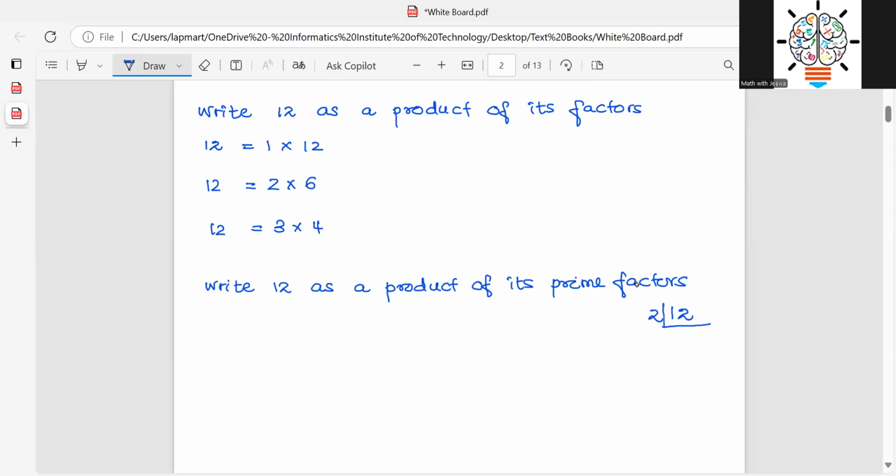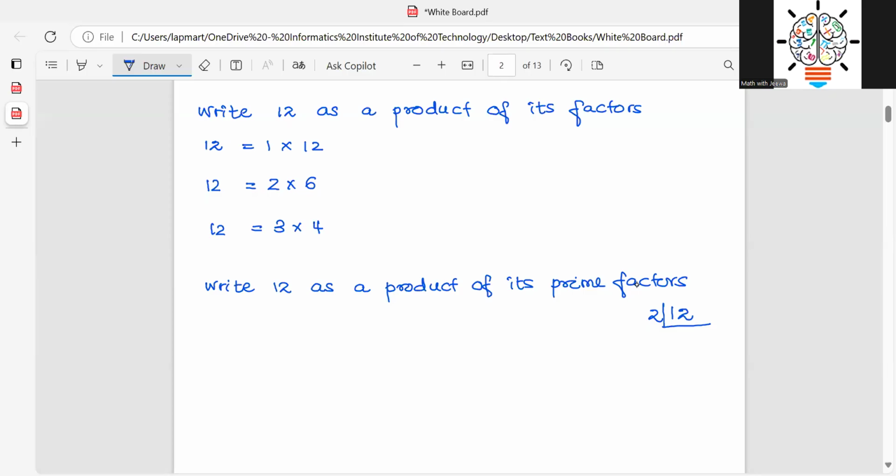And another common mistake most of the students are making, children, is that 12 we can divide by 3 also, no? They start dividing by 3. I can't say it is wrong, but as a practice, we start dividing by the lowest possible prime number. Out of the prime factors 2 and 3, the lowest possible one is 2. So first you want to divide it by 2.